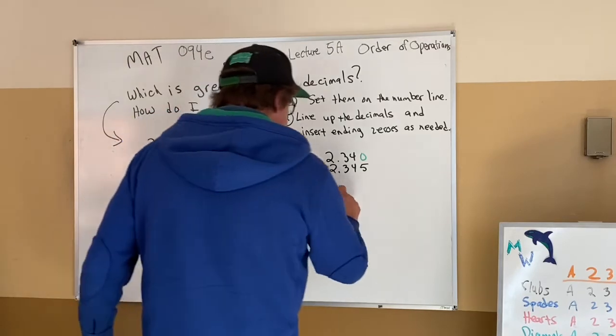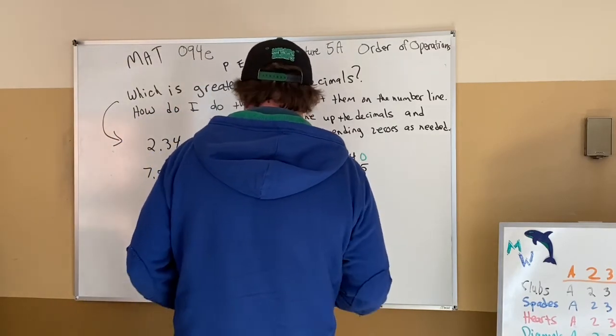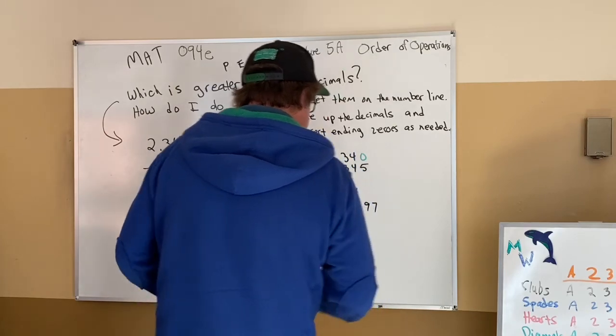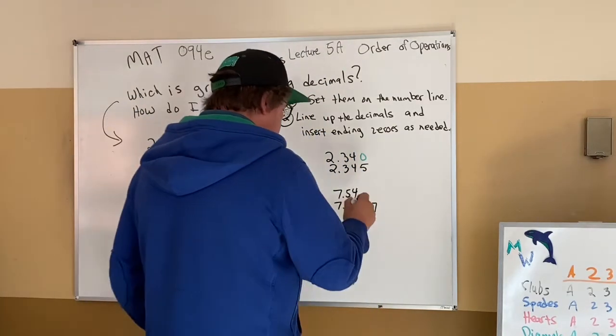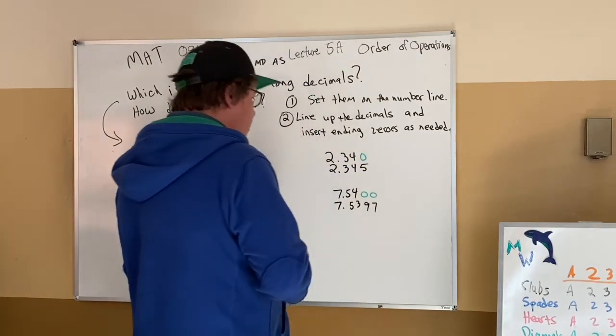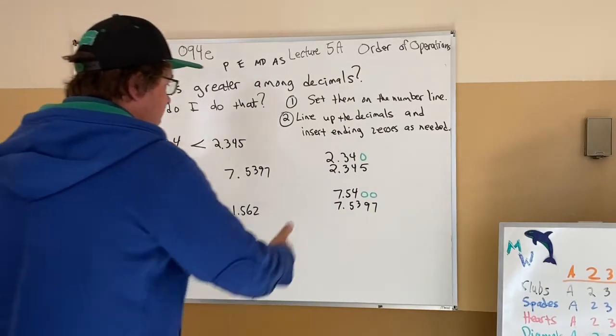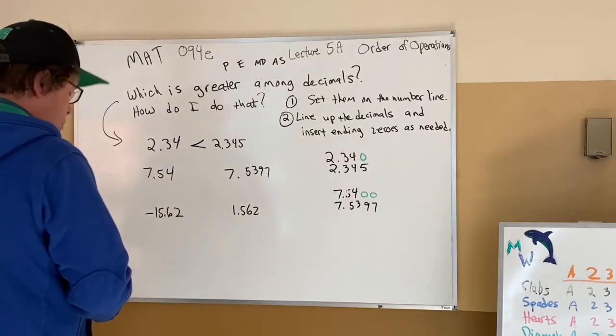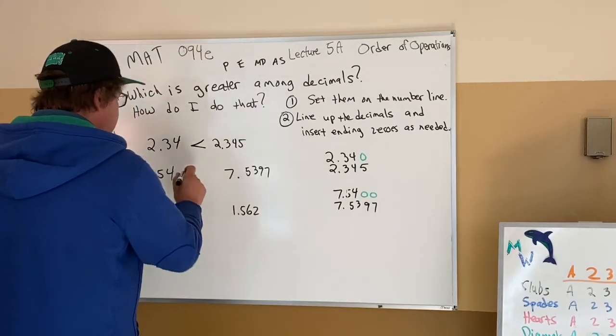This one, 7.54. And then this one goes 7.5397. If you put the zeros on the end there to fill it out, you can see that they're tied with 7s, tied with 5s. It breaks at the 4. The one that goes 7.54 is greater, you point at the other one.